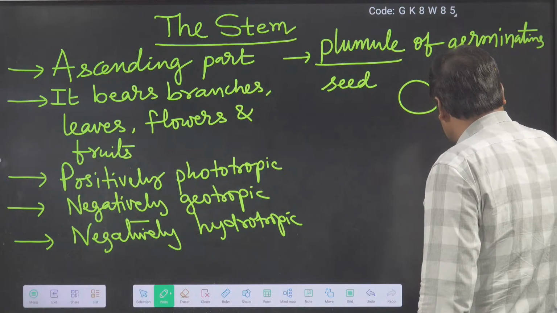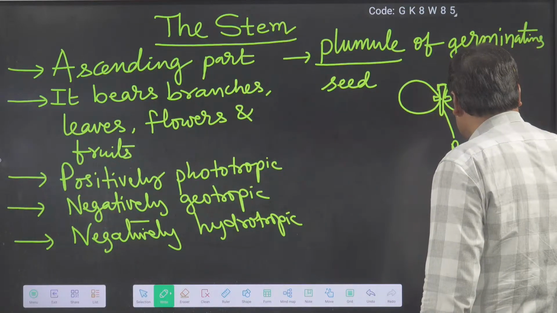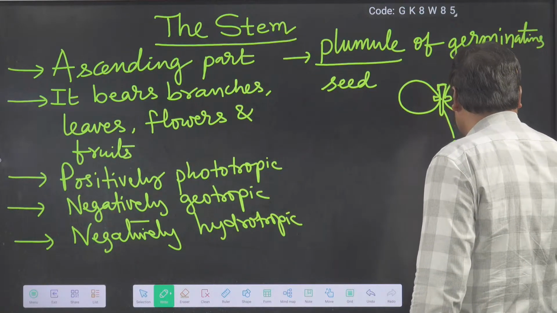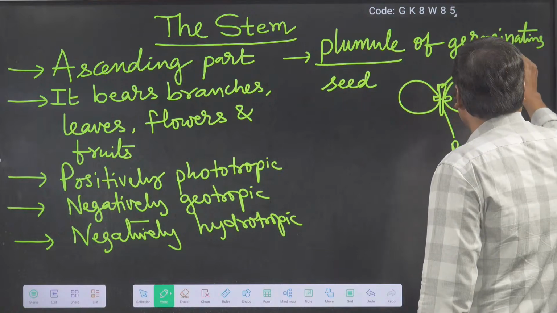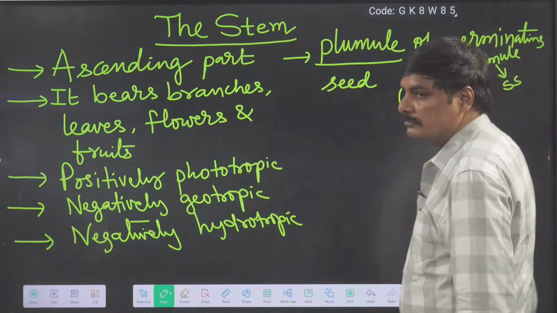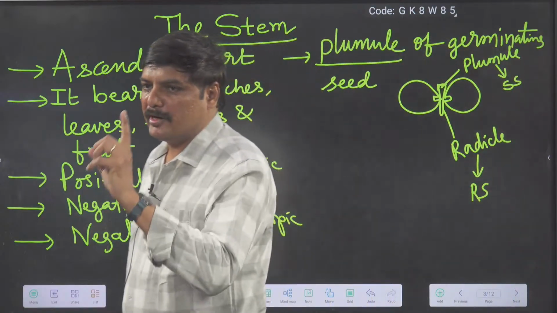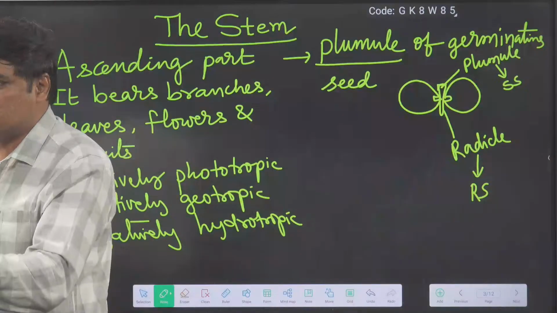One end of the axis is called the radicle. This radicle gives rise to the root system. The other end is called the plumule. This plumule gives rise to the shoot system. Very, very important point.